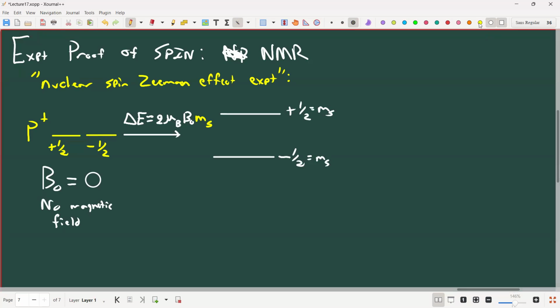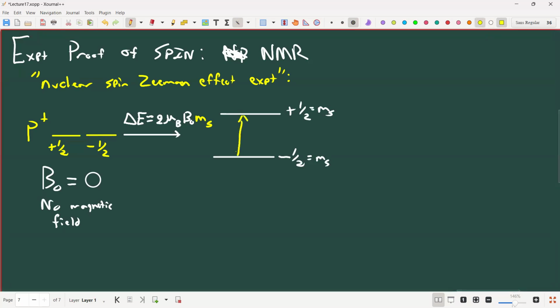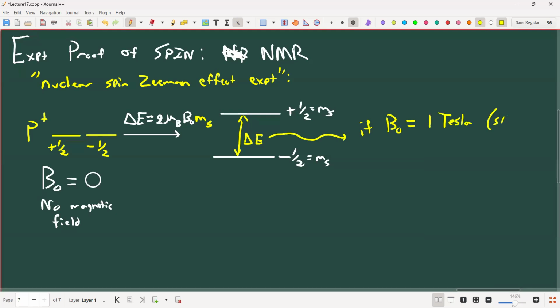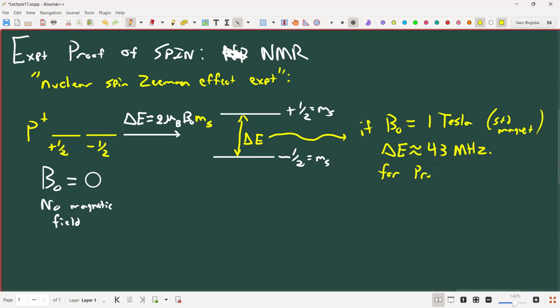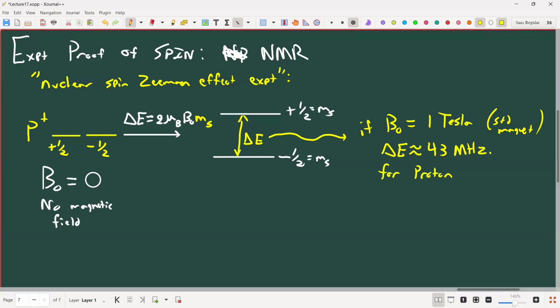Now they're at different energies, delta E. And if B0 is 1 Tesla, which is a standard magnet for an NMR, delta E is around 43 megahertz for the hydrogen, for the proton. Right? You can measure this very, very precisely. This is exactly how NMR works.